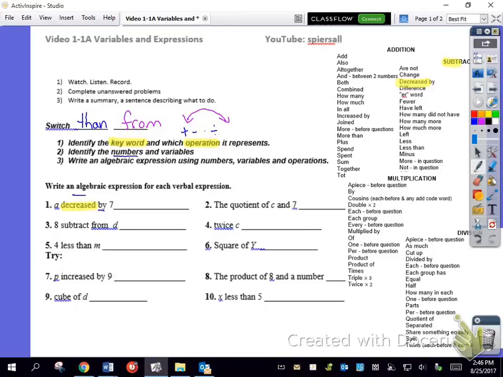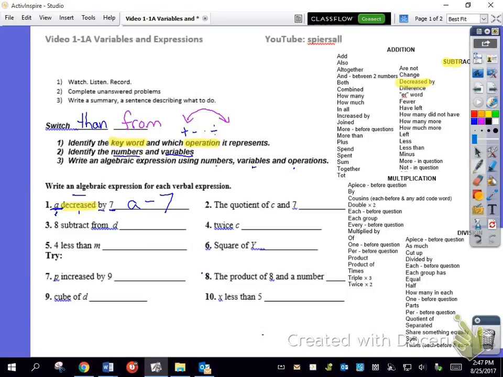I'm going to identify numbers and variables. I have an A, and I have a 7. And since it said by, I do not change the order. So since A is first, I put A. Okay? You just write the expression using numbers, variables, and operations. So A, decreased is subtraction, and then you got the 7. And that's it. There's your algebraic expression, A minus 7.